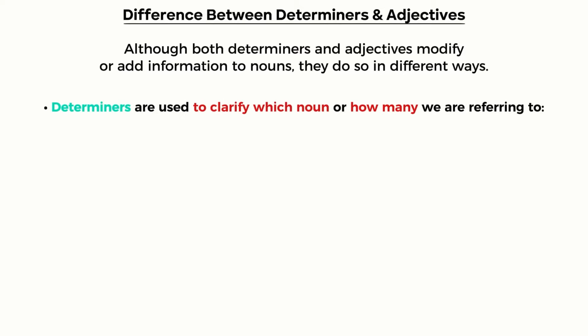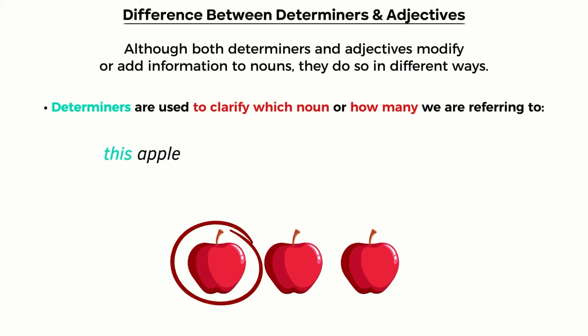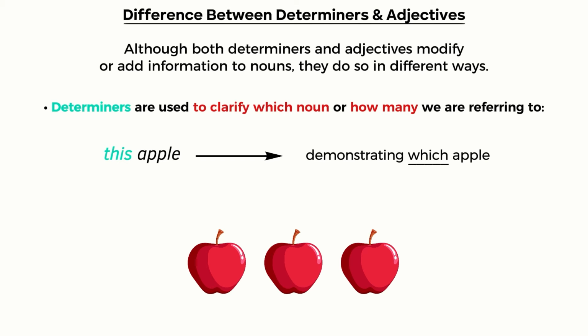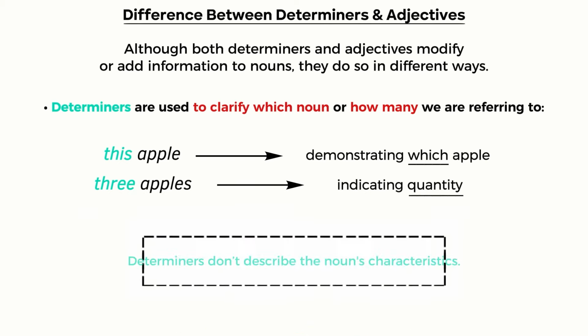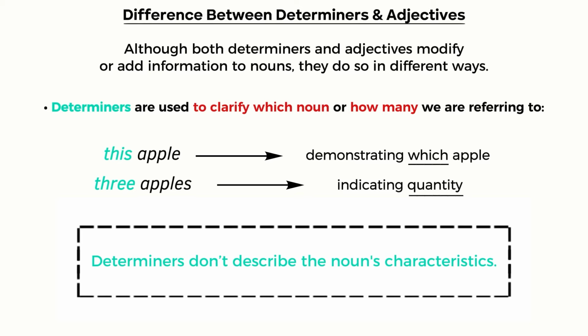Determiners are used to clarify which noun or how many we are referring to, such as in this apple, demonstrating which apple, or 3 apples, indicating quantity. Determiners don't describe the noun's characteristics.